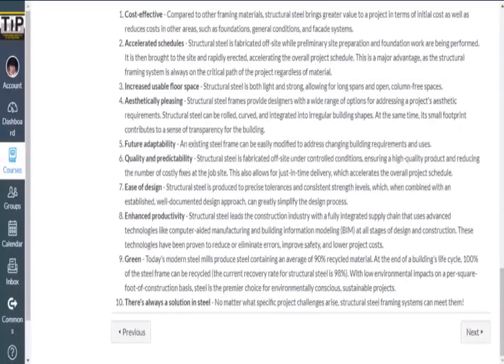Since we are sure that it was designed using old codes and specifications, it is almost sure that it will not fulfill the requirements of the updated codes. That's why you need to retrofit them. So in steel, retrofitting is a bit easier compared to concrete.